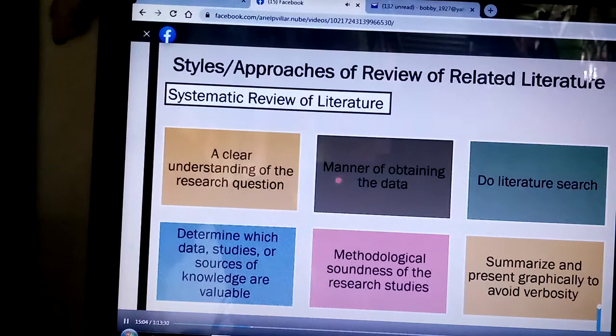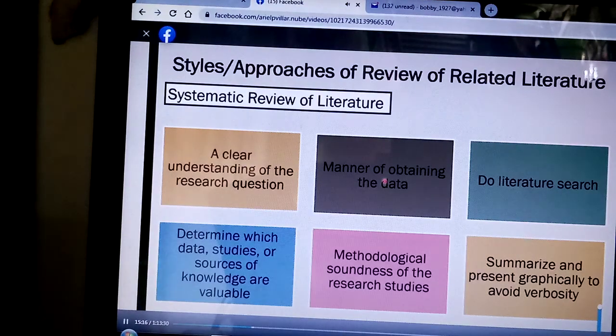After that, you do manner of obtaining the data, how do you obtain the data, okay? So, and then when you say manner of obtaining the data, where do you get your sources? No? Nowadays, hindi na mahirap kasi meron na tayong internet. Sometimes you don't have to leave your house anymore, especially nowadays. We have the crisis, COVID crisis, kumbaga, or even wala na yung COVID crisis.